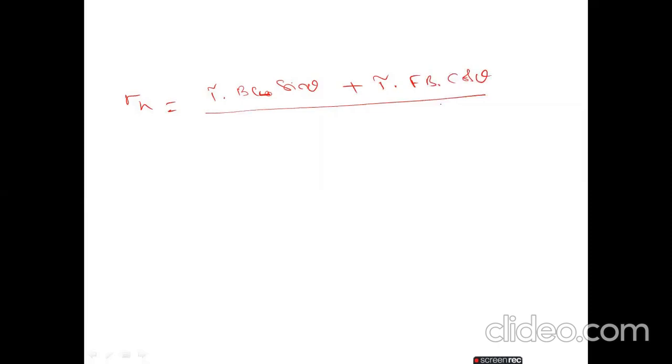So now I will write here sigma n equal to tau into BC into sin theta plus tau into FB into cos theta by FC into 1. So now tau into BC by FC sin theta plus tau into FB by FC into cos theta.